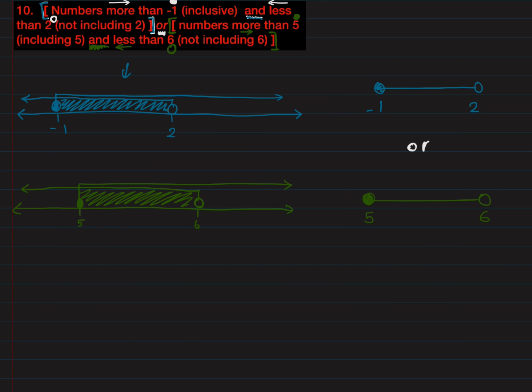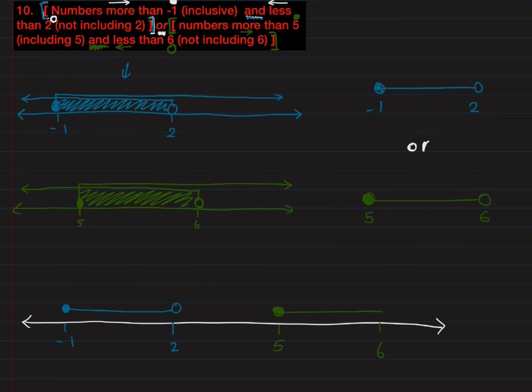So if we combine these two together and we create a larger number line over here, and we have -1, we have 2, then we have 5, and we have 6. And we can draw the interval again on a number line that combines both of these intervals. And it will look something like this.